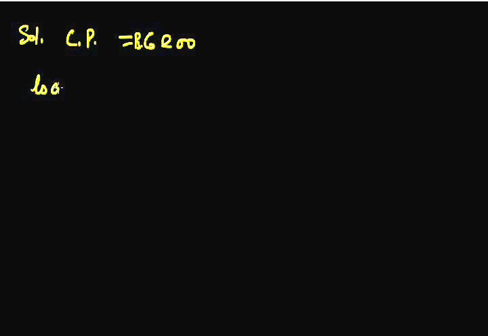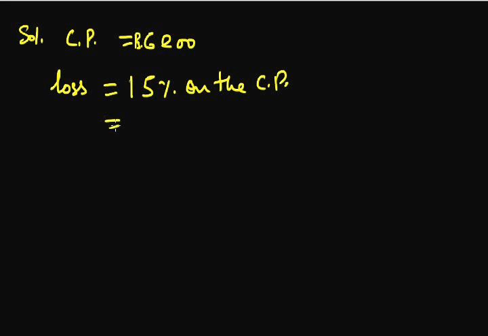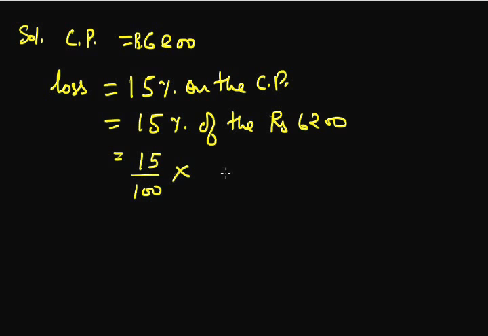Now the loss is 15% on the cost price. That is, we can write 15% of the cost price, and the cost price is rupees 6,200. So it will be equal to 15 upon 100 of, means multiplication of, rupees 6,200, and it will be equal to rupees 930.